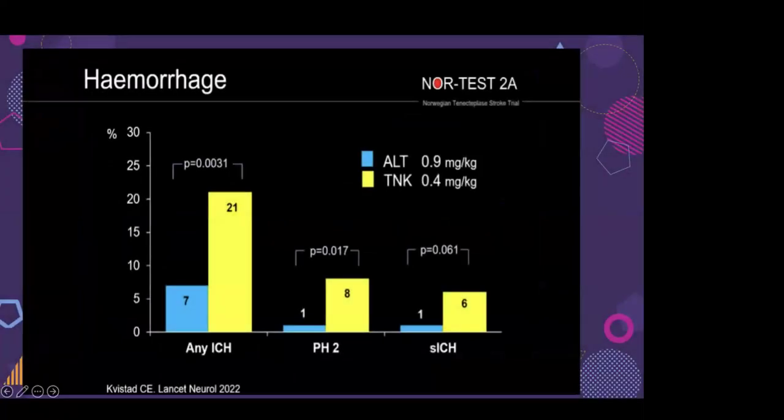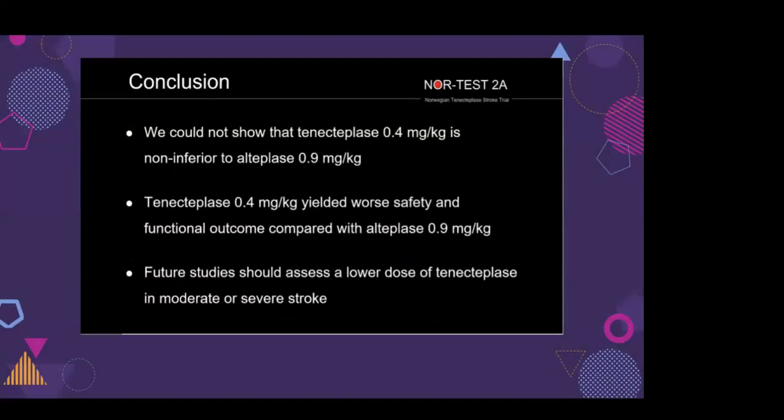And here they noted the incidence of hemorrhage far exceeded that of alteplase. The reason, I think, is that the dose of tenecteplase they used was much higher. It's not like any other trial that has proven tenecteplase to be safer compared to alteplase. So I think the dose made a whole lot of difference.